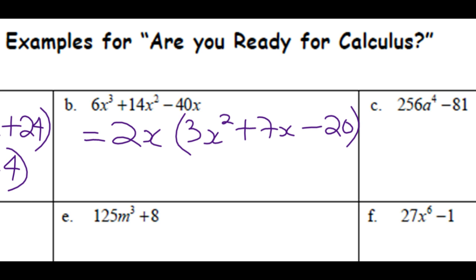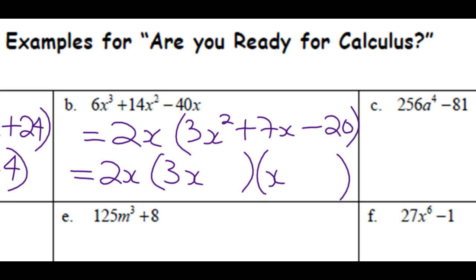Does that factor? Probably. So if it does, we're going to have a 3x and an x, right? So we get 3x squared. Need two numbers to multiply to negative 20. Probably 4 and 5, so let's see. If I stick a 5 here, that'll give me a 15.